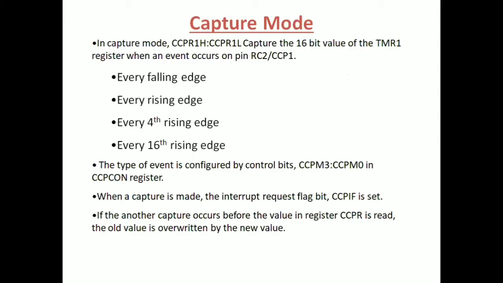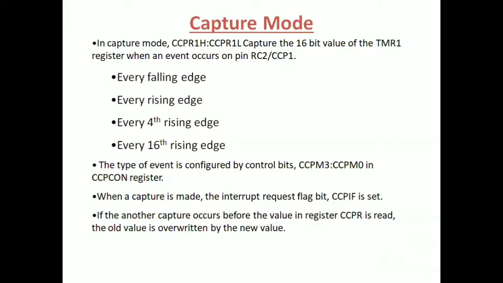In capture mode, we have a 16-bit CCP register, which is composed of two 8-bit registers, CCPR1L and CCPR1H. It will capture the 16-bit value of the timer 1 register when an event occurs on the RC2/CCP1 pin. So this 16-bit CCP register will capture the timer 1 16-bit value.